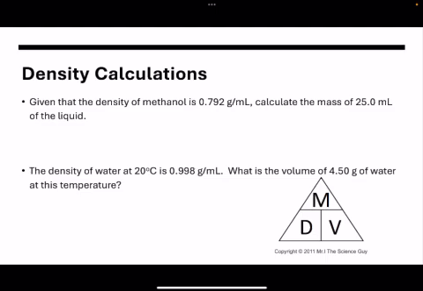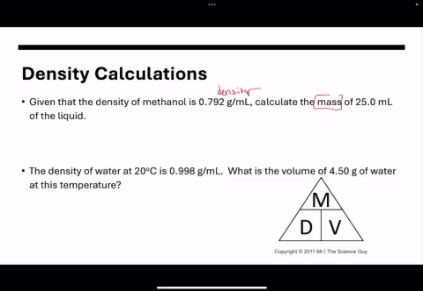Okay, so given that the density of methanol is 0.792 grams per milliliter, so we have density here. Calculate the mass of 25.0 milliliters of the liquid.